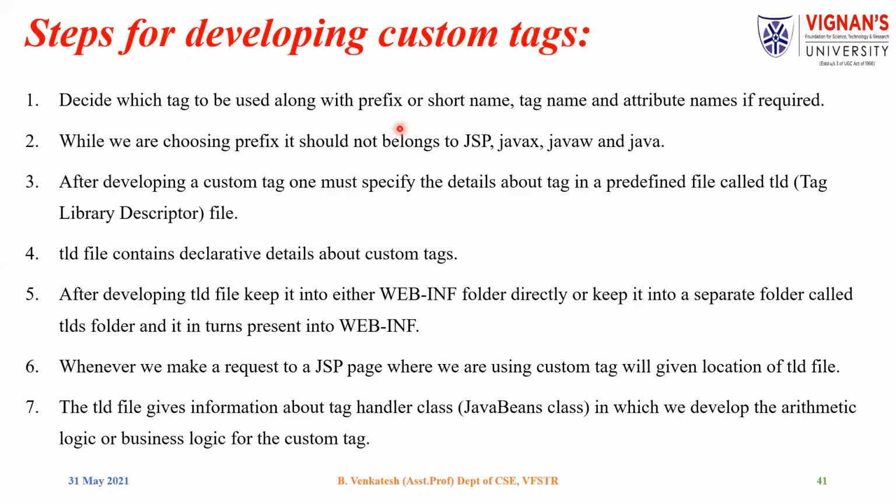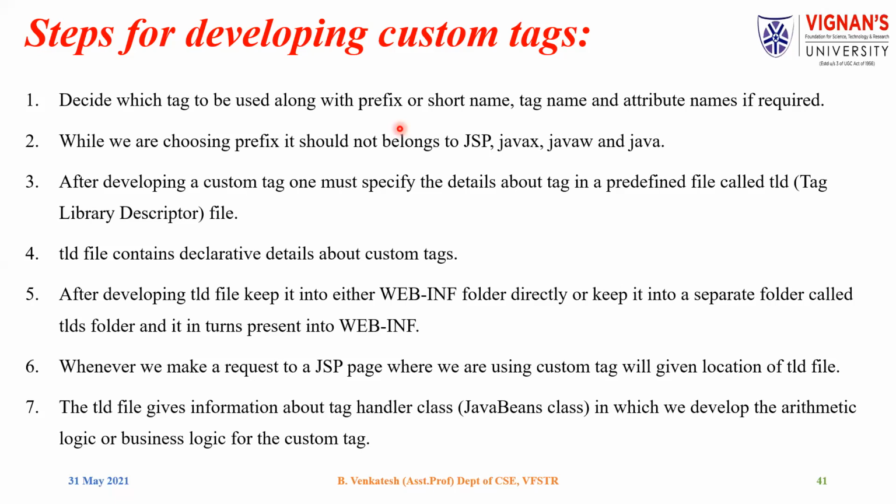These are the steps that we need to follow while developing custom tags. The first point is to decide which tag is to be used, along with the prefix or short name, the tag name and attribute names if required.